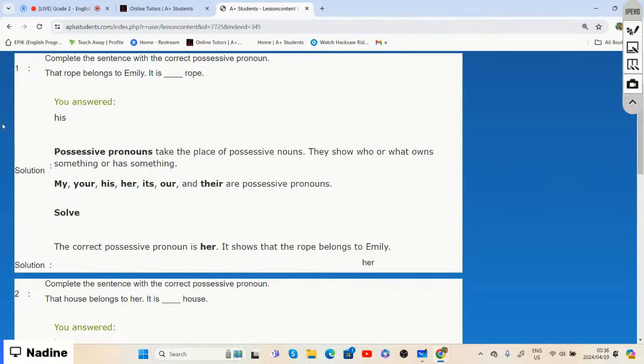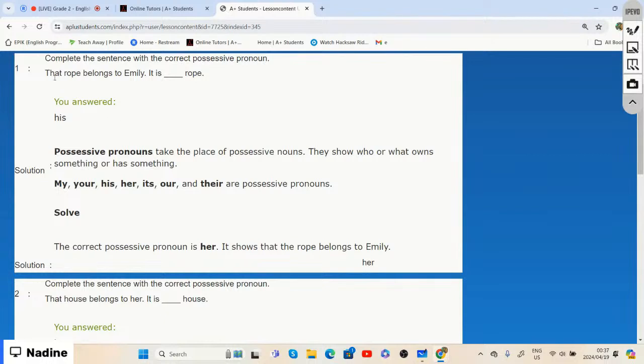Those are possessive pronouns. We are making mention of the pronouns, not the nouns, right? So you're not going to make mention of Emily, but you're going to say her. You're not going to make mention of Samuel, but you're going to say his, right? So it is correct.